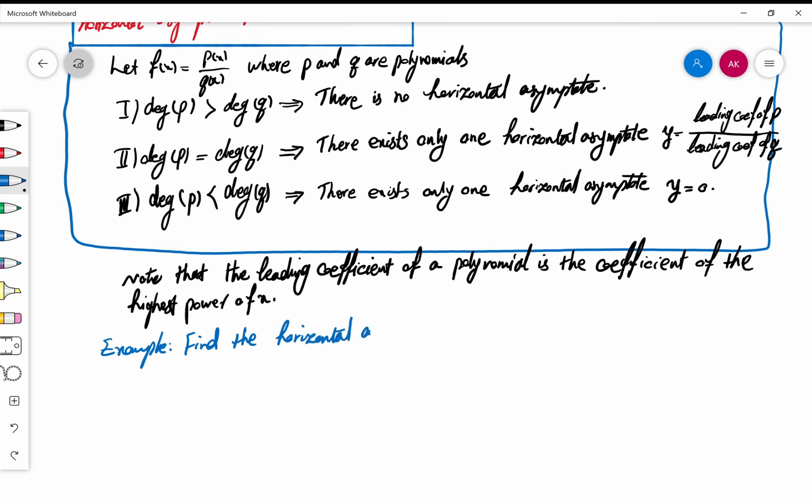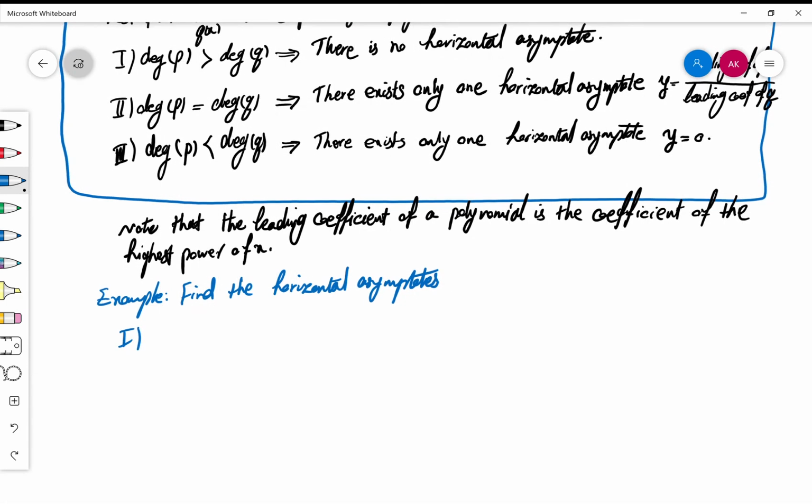First one: f of x is x squared minus 2x plus 5 over 3x cubed minus 1.